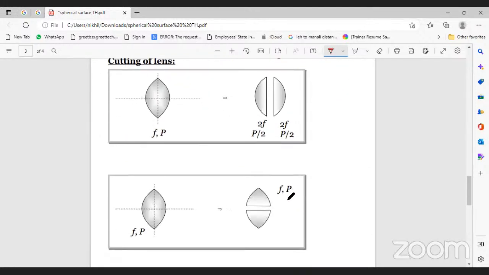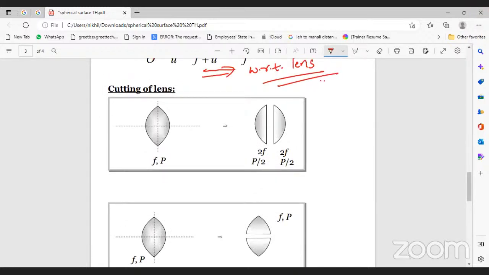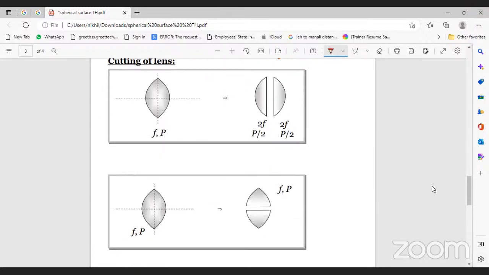Yes, sir. Next concept, very important for competitive exams: cutting of a lens. Look at the first diagram. In the first diagram, this is the convex lens.